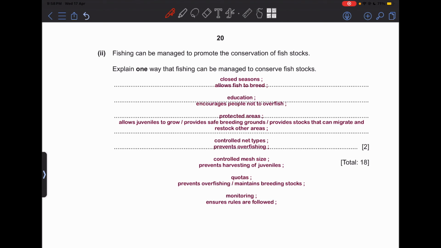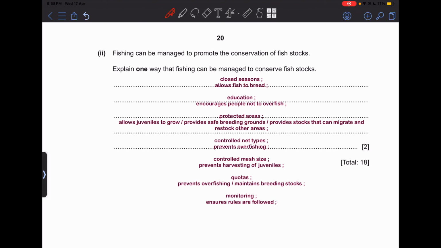Education encourages people not to overfish, so basically they're going to be educating young people and everyone that is going fishing about the consequences of overfishing and the problems associated with that. And protected areas, which means that the government or the laws will protect a certain area in the sea or in the ocean from fishing, so that they can allow juveniles or young fish to grow, providing safe breeding grounds.